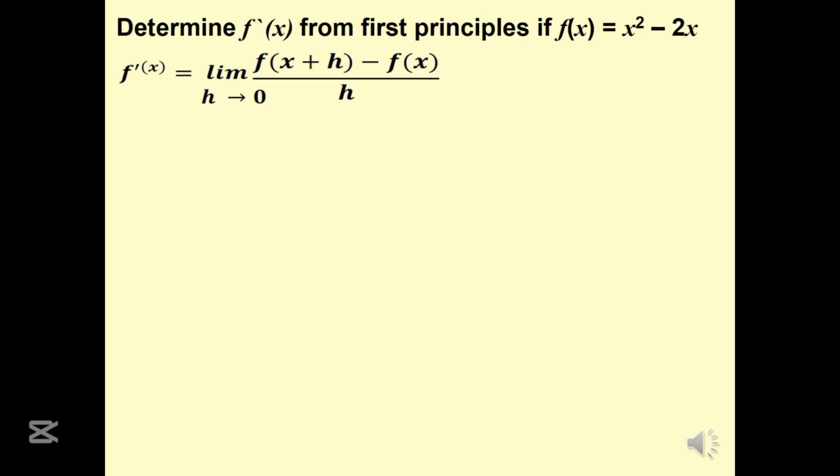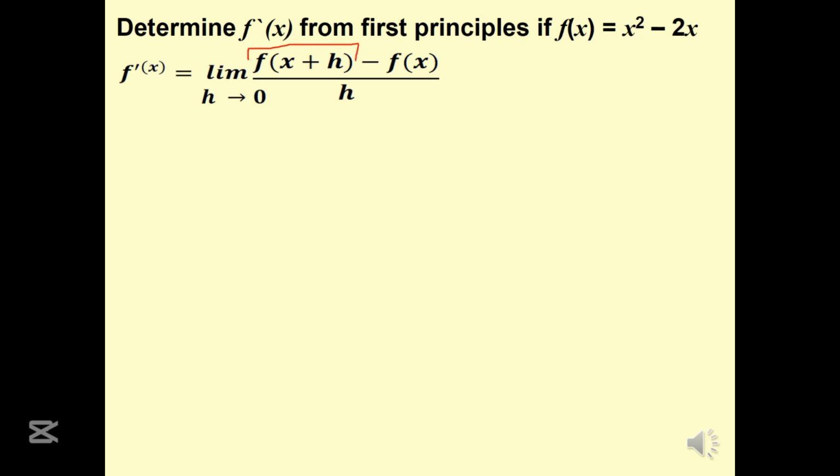The formula says the derivative, f prime of x, is equal to the limit of f of x plus h minus f of x. What does the formula mean? The first part of this formula is f of x plus h.